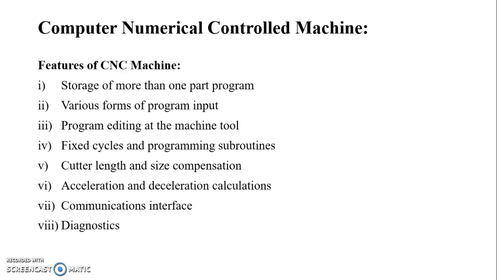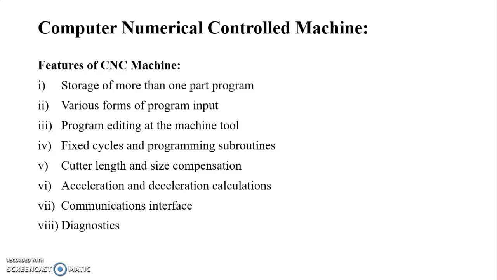The next feature is fixed cycles and programming subroutines. If the same operation is to be performed repeatedly, then the programmer need not write the blocks every time. He can call the already saved cycle a number of times, so it saves time.